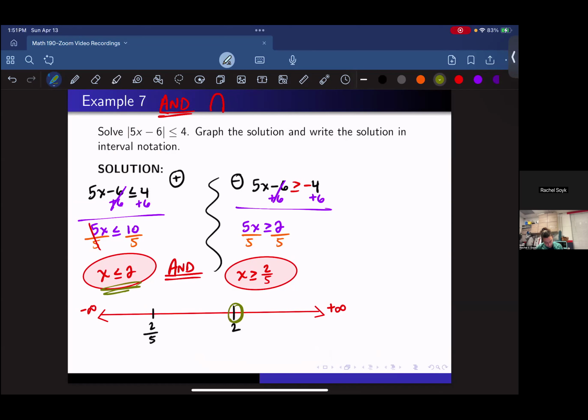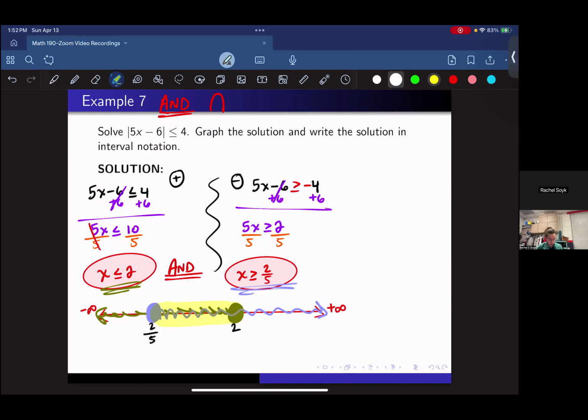Make this in yellow, and shade all values to the left. And then all values that are greater than or equal to 2/5. Do that in a light purple. Shade all values to the right. So what's the overlap that's taking place?